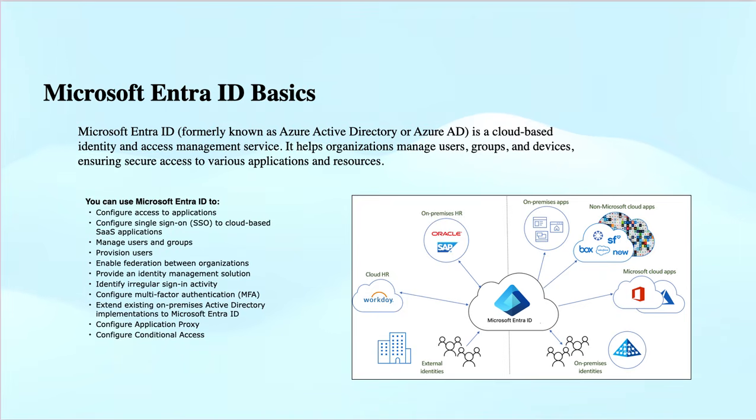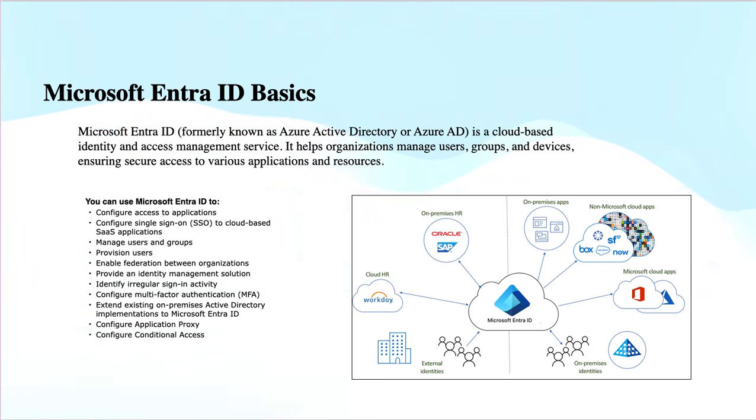You can use the Microsoft Entra ID to do all these different things, like configuring access to the applications. This is the identity service used by different cloud applications to protect them and ensure that only the legitimate people have access to the applications. You can use it to configure single sign-on to cloud-based SaaS applications.